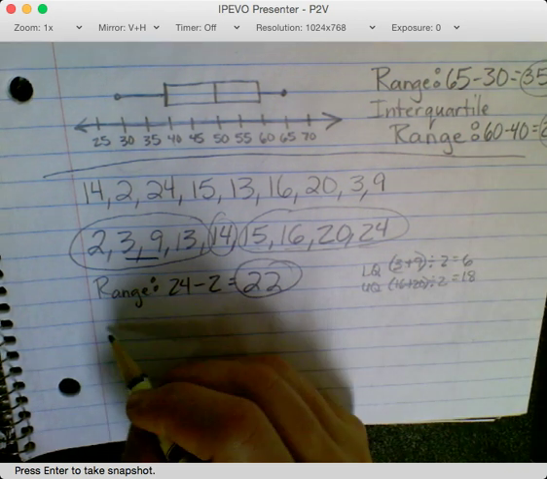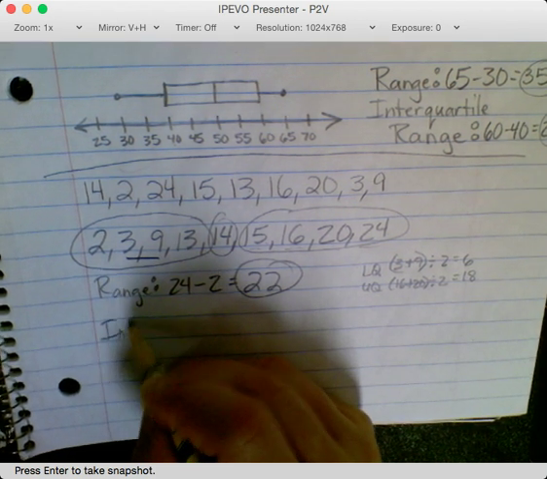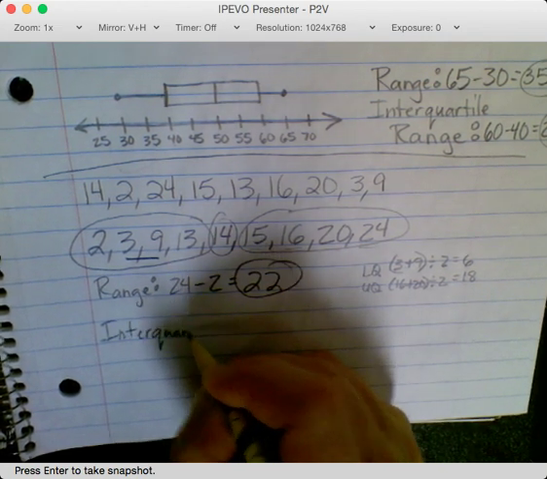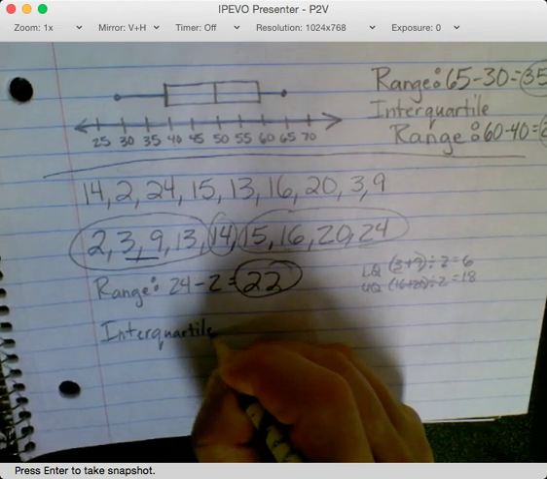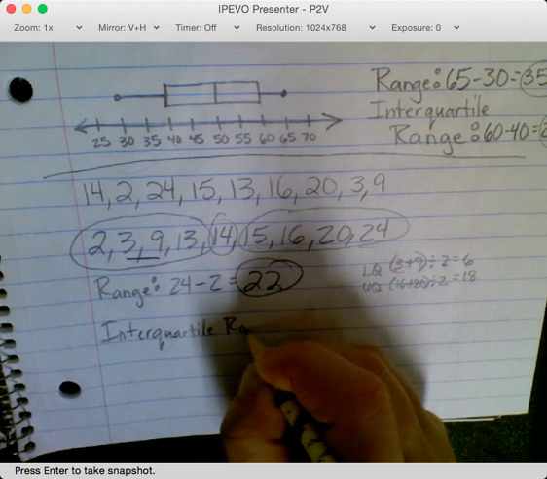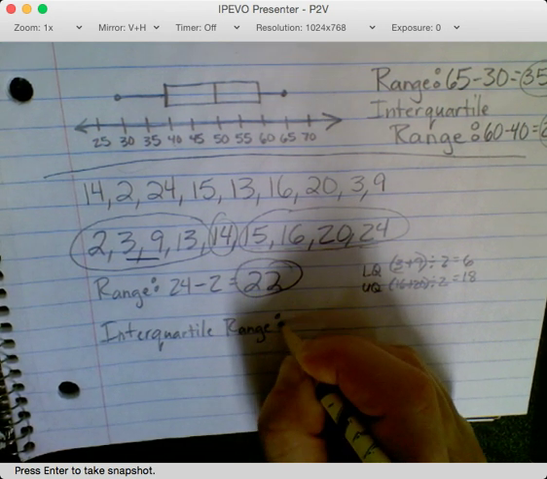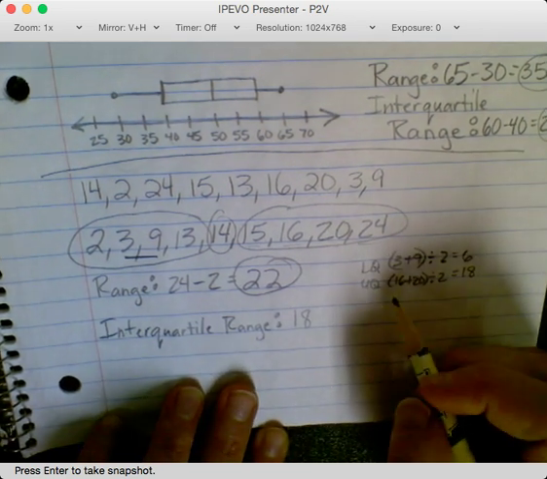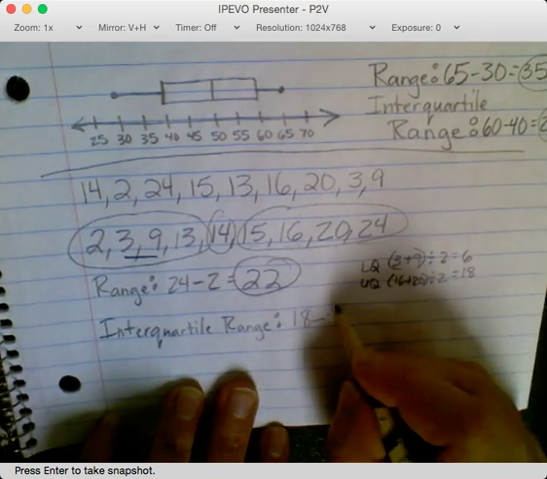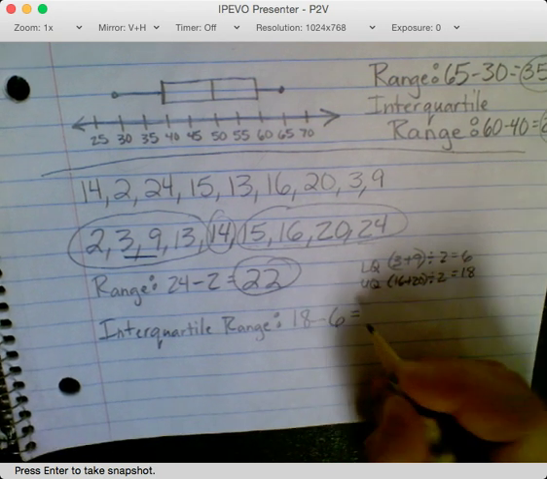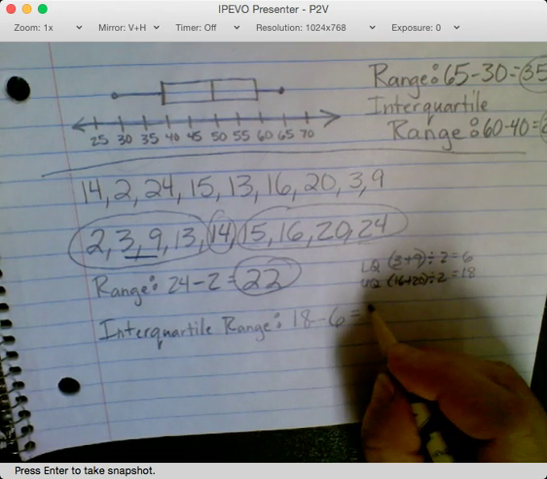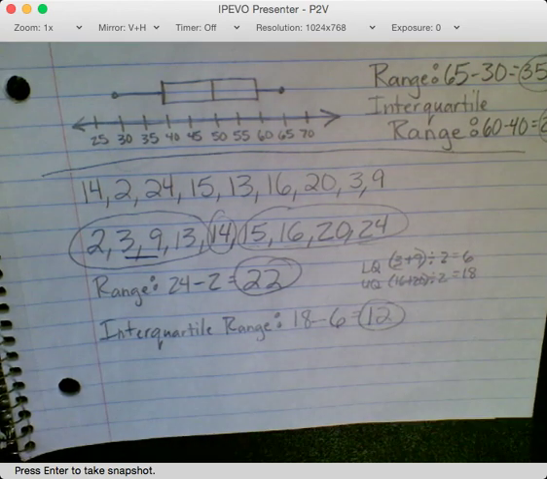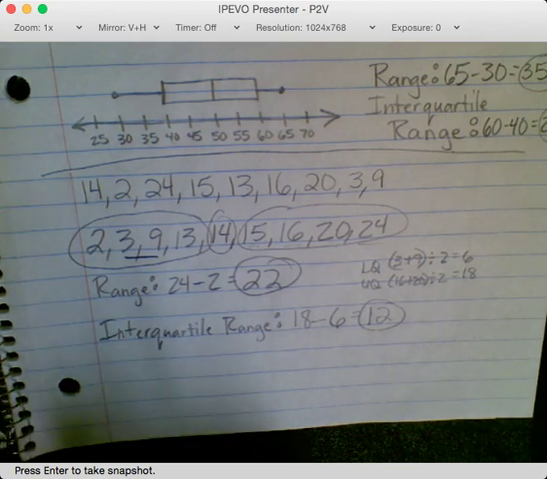So now I can figure out my interquartile range. That means I have to take my upper quartile, which is 18, and subtract my lower quartile, which is 6, and I just get 12. So my interquartile range on that one is 12.